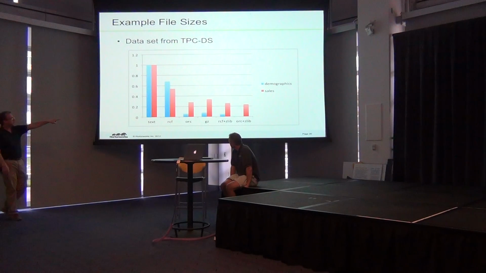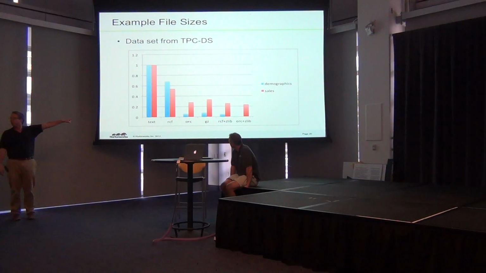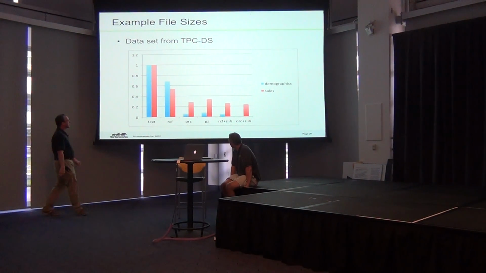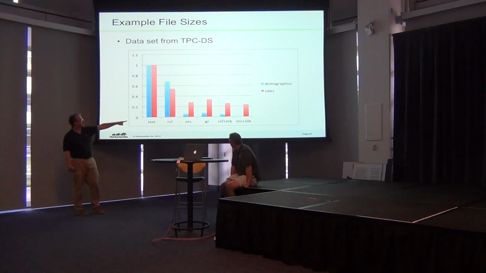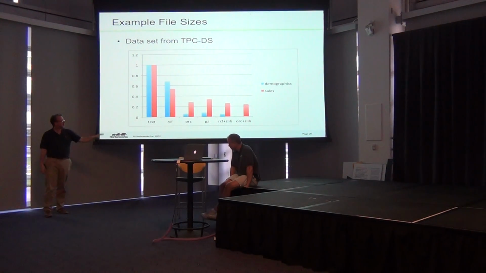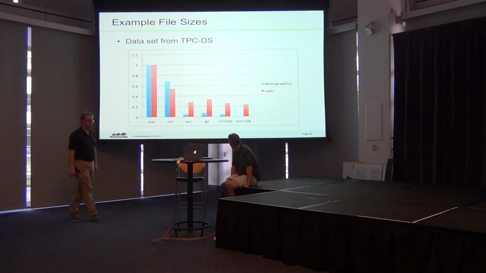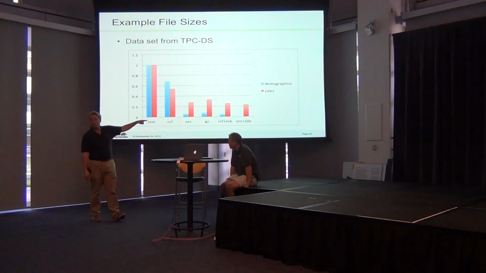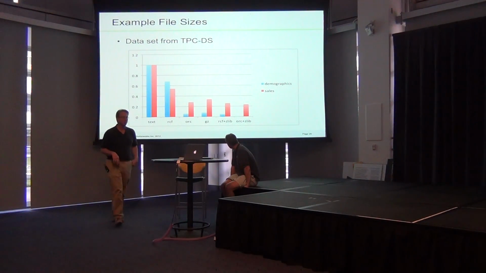ORC, on the other hand, comes down to roughly 20%, even before you turn on compression. Then you start turning on compression. The gzip version of the files is about the same size as the ORC file without compression. RC file with zlib is smaller, and then ORC with zlib is smaller still. And yeah, that little line is actually still there, it's just so small you can't see it.